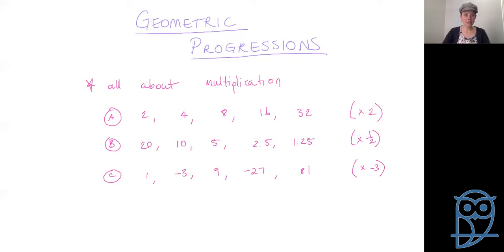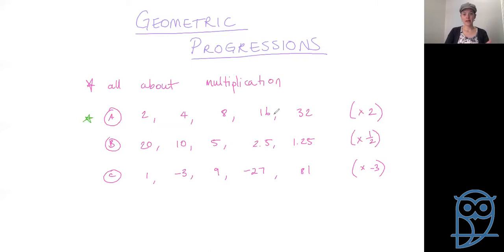We do have something interesting we want to take note of now, because it's something we're going to hark back to later on in this lesson. If you look at sequence A and sequence C, we have a times 2 and we have a times minus 3. And if you look at the values in those sequences, you see that the values get bigger and bigger and bigger.